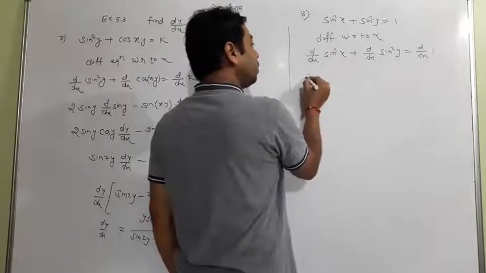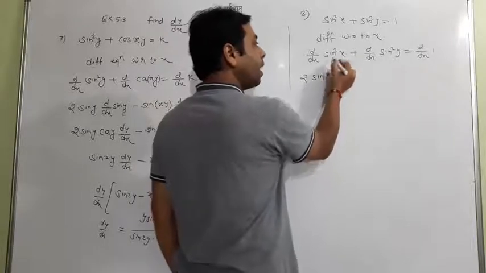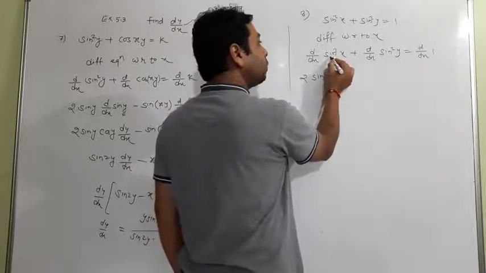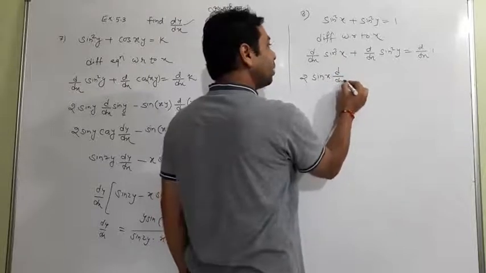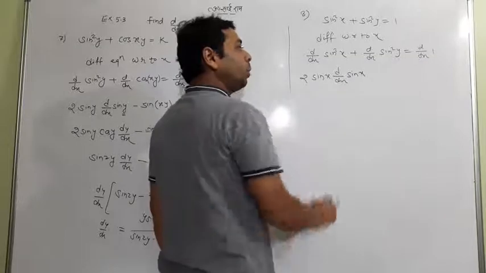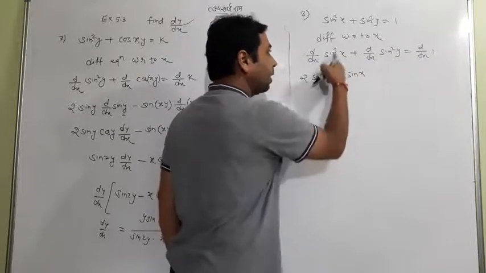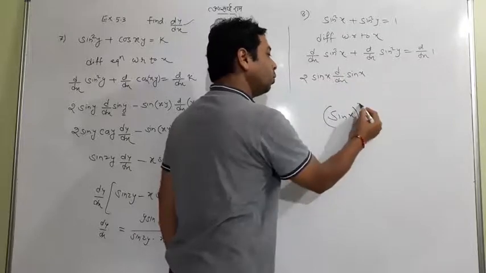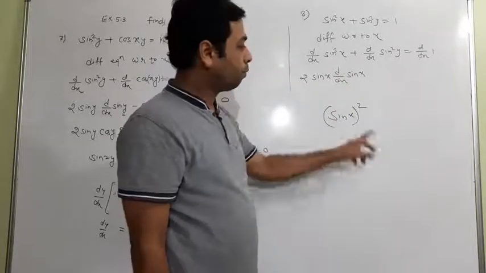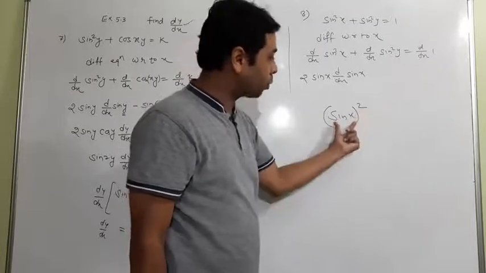So how to do this? Power will come in front, 1 will decrease from the power, 2 becomes 1, and then differentiation of sin x will remain. Sometimes students cannot understand that term, so if you are not getting it properly, write sin square x as sin x whole square. Now you can get it. First the power will come in front, sin x to the power 1, and again differentiation of sin x.